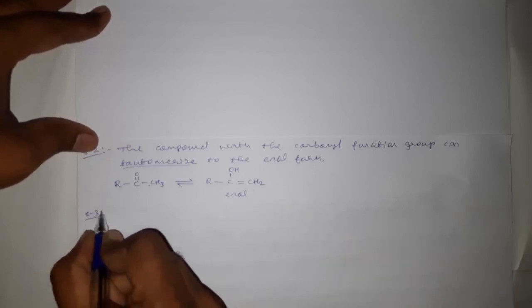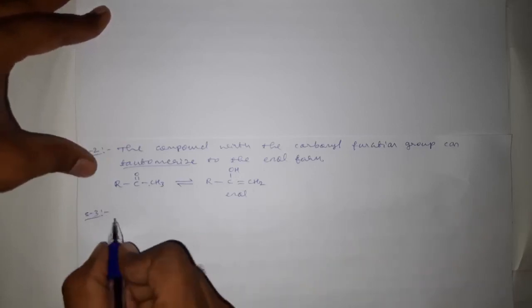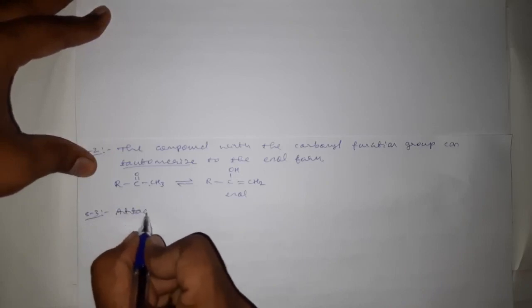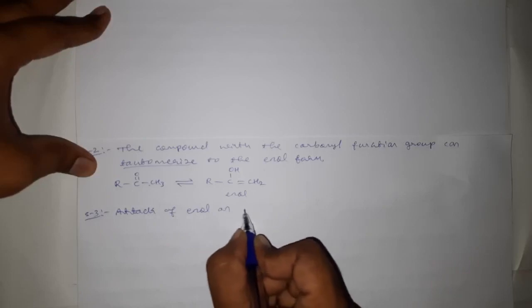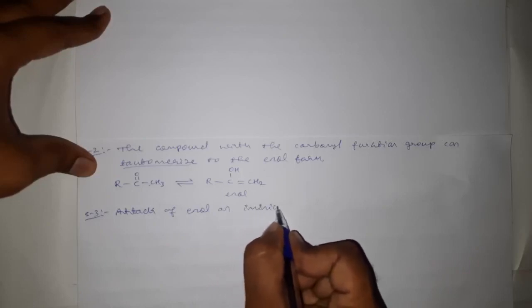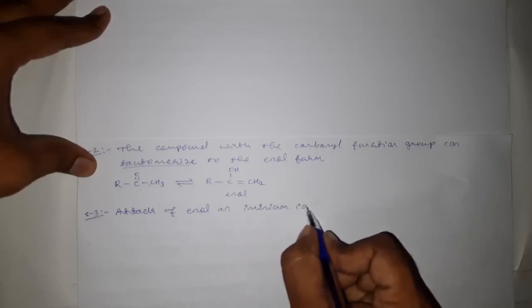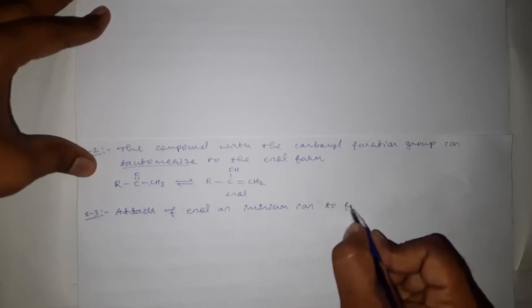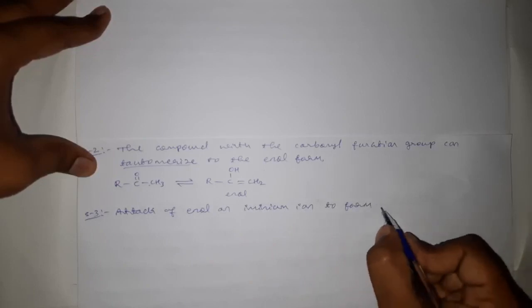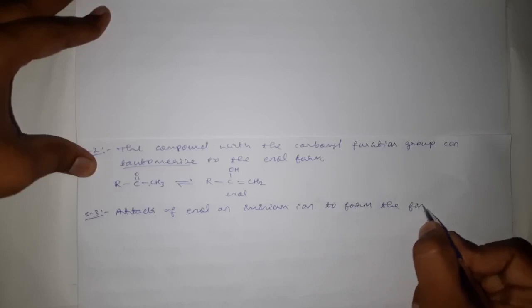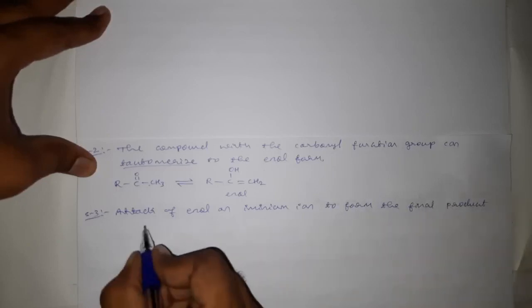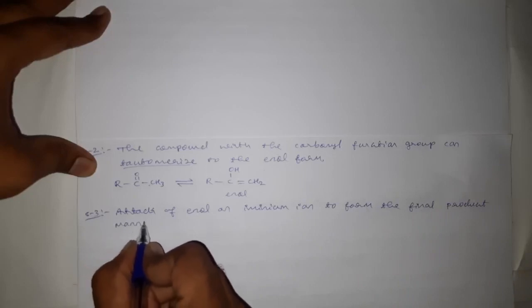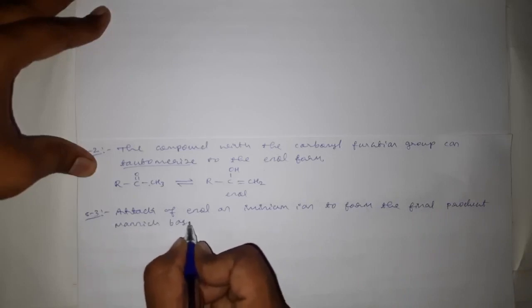And the last step, that is the third step of this mechanism, involves the attack of enol on iminium ion to form the final product, Mannich base.